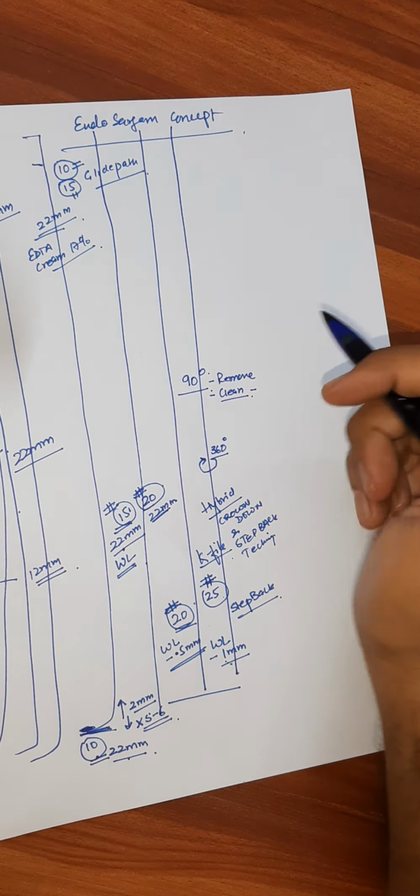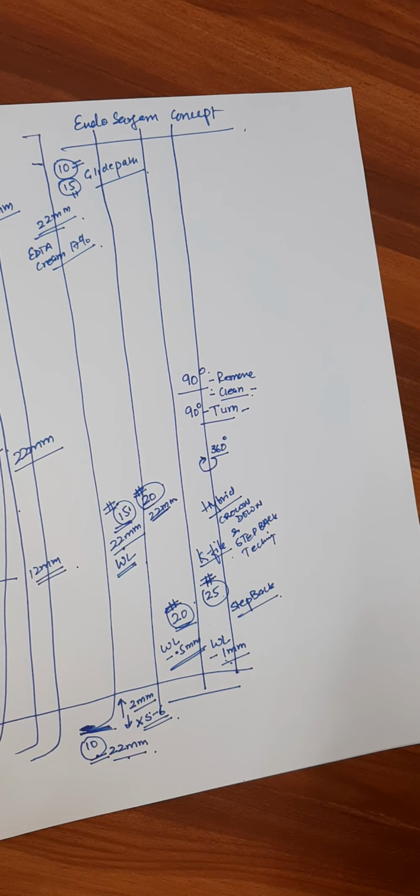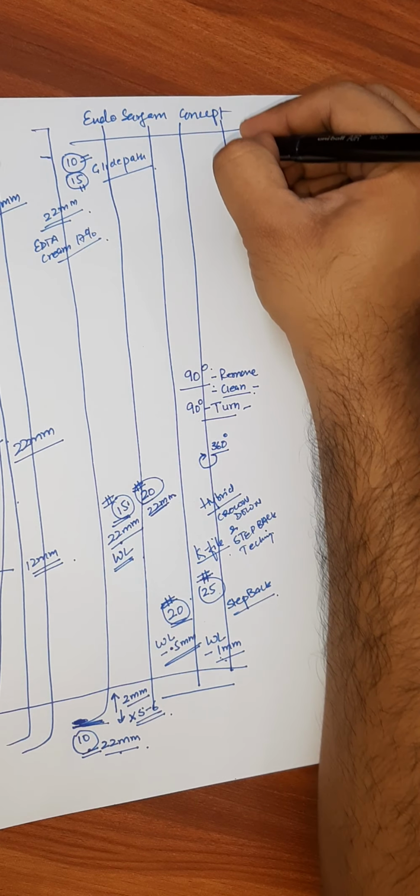Do not use that file again. Enter the canal again and make a 90-degree turn. If you do this, I am sure you will reach 1 mm short of the working length.